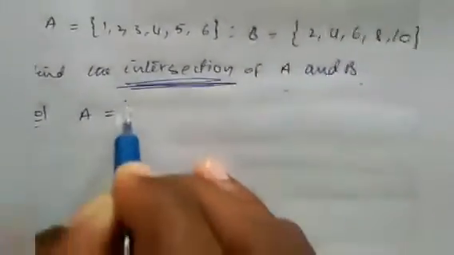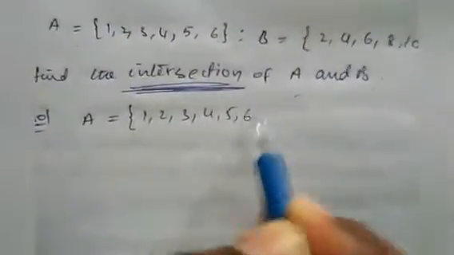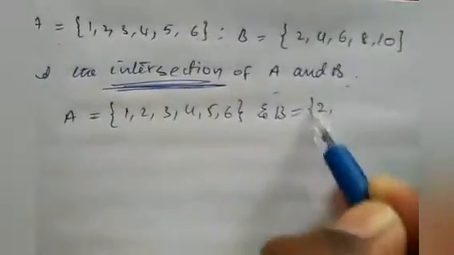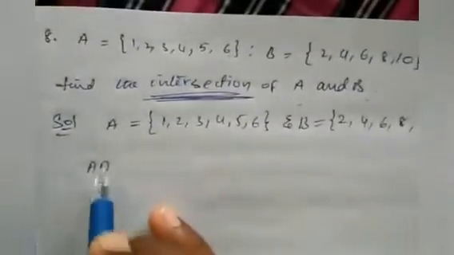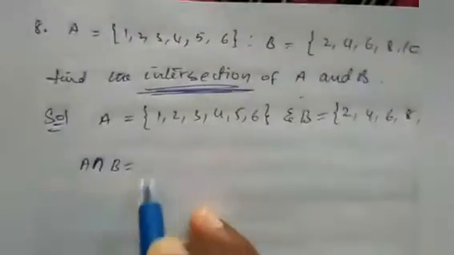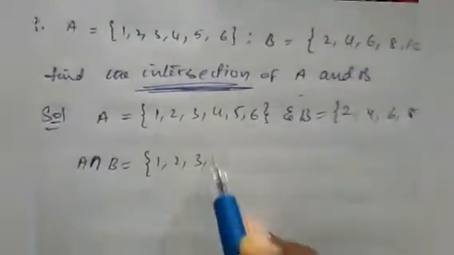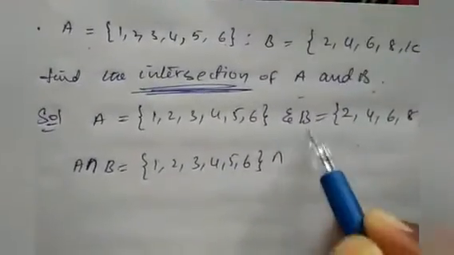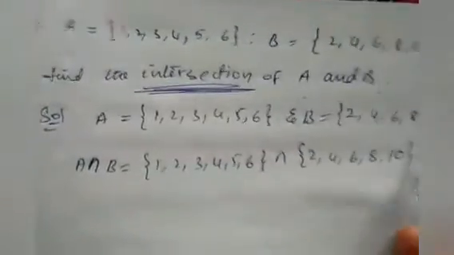A is equal to set of 1 comma 2 comma 3 comma 4 comma 5 comma 6, and B is equal to set of 2 comma 4 comma 6 comma 8 comma 10. So now A intersection, this is the symbol, B. So A intersection B is equal to set of 1 comma 2 comma 3 comma 4 comma 5 comma 6 intersection B value, 2 comma 4 comma 6 comma 8 comma 10.